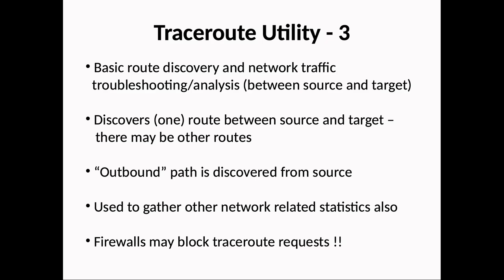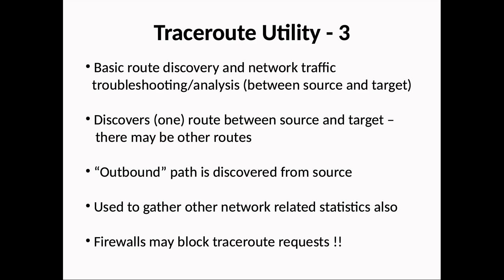So what does traceroute do in the first place? Between a source device and a target device across a network, across the internet for example, there could be any number of routers involved. There could be between the source and target device more than one route, exactly one route or no route at all. Any of these could be possible.